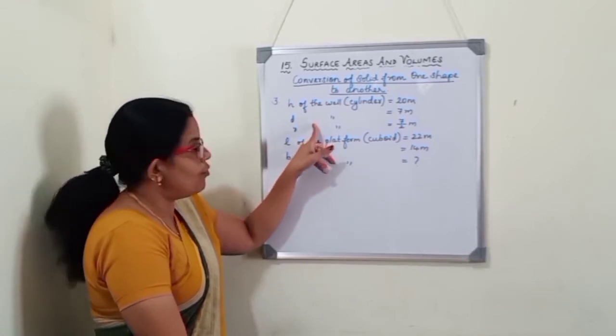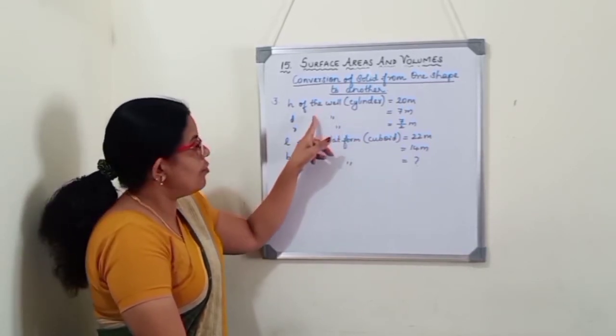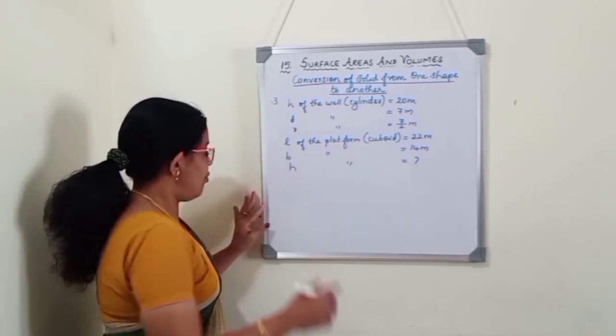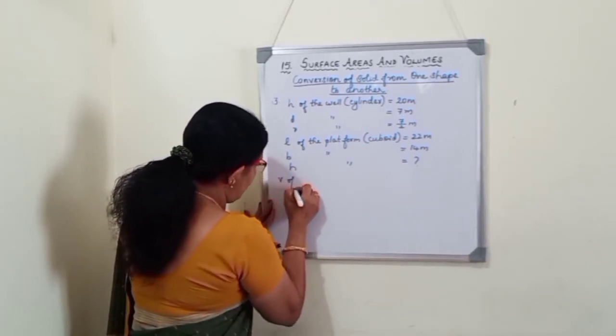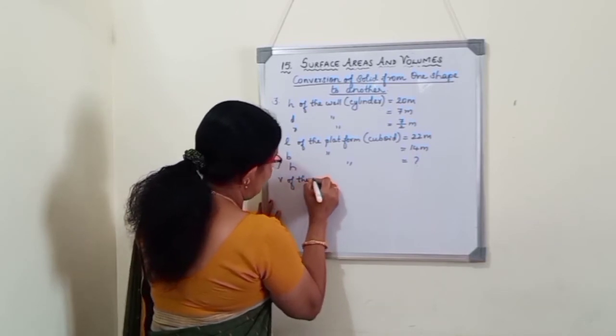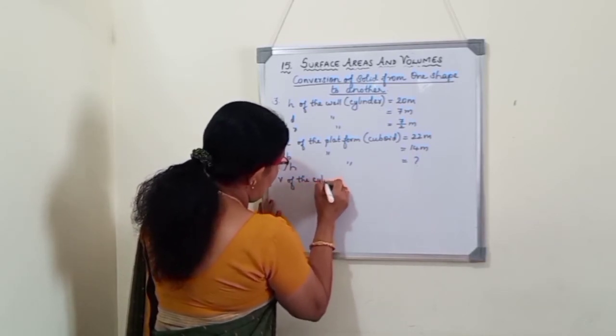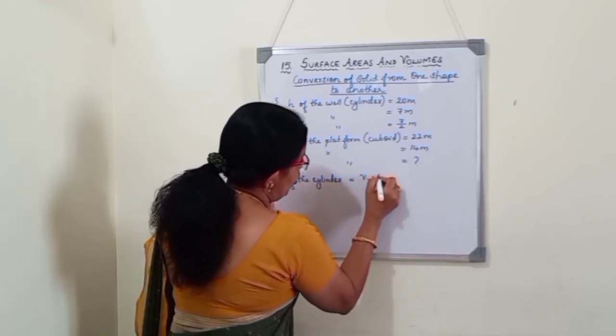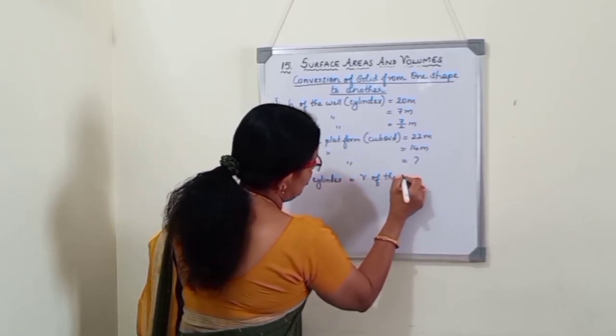So the volume of the mud, or volume of the cylinder, will be equal to the volume of the platform, or the cuboid.